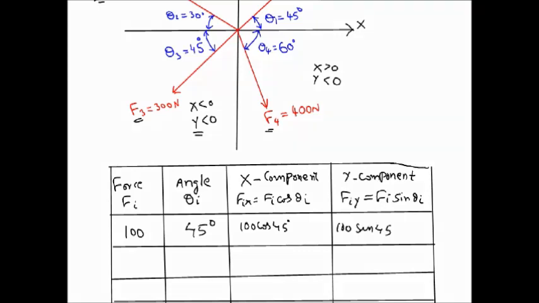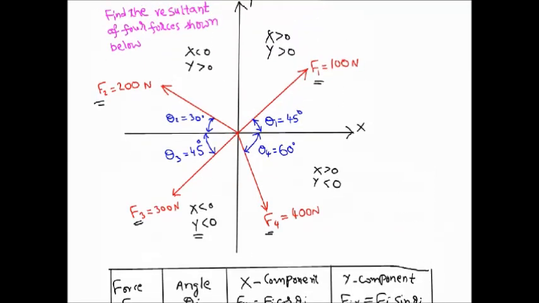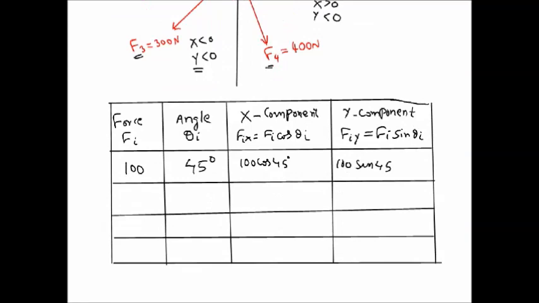Similarly, the second force F2 is 200 newtons and the angle is 30 degrees. You have 200 cos 30 and then 200 sin 30.